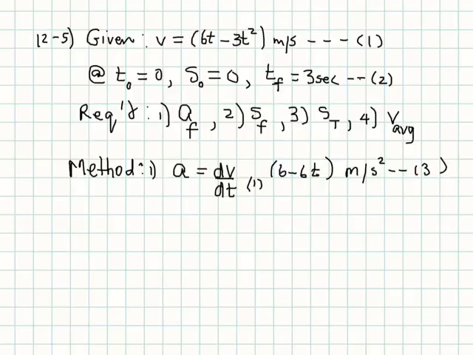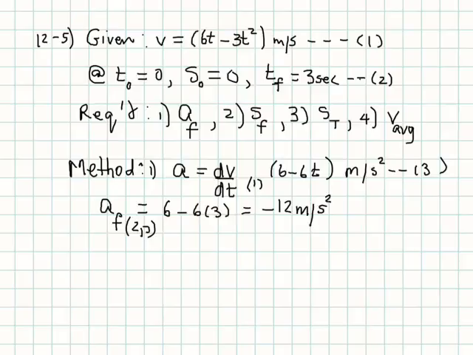Now, at time t equals 3 seconds, therefore we can find a final, and a final will be 6 minus 6 times 3. Of course, I'm just using equations 2 and 3 here, substituting the information for time 3, and this turns out to be minus 12 meters per second squared.